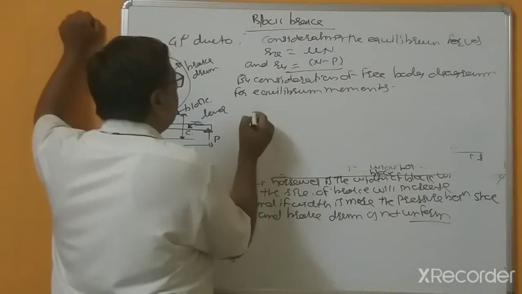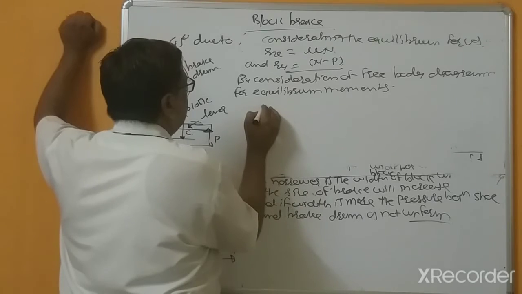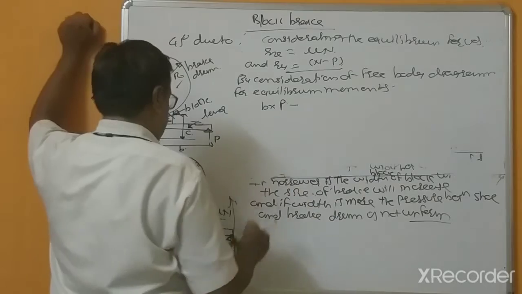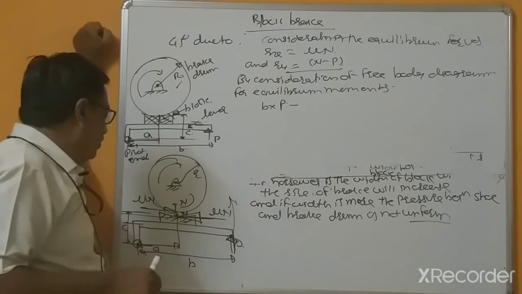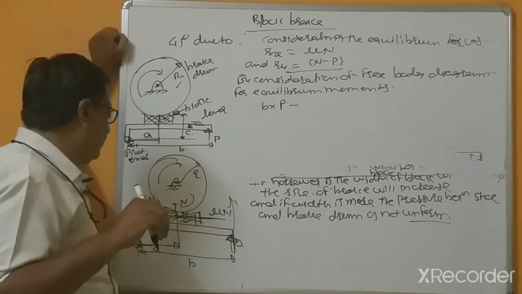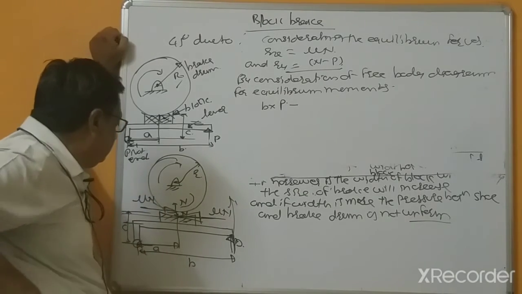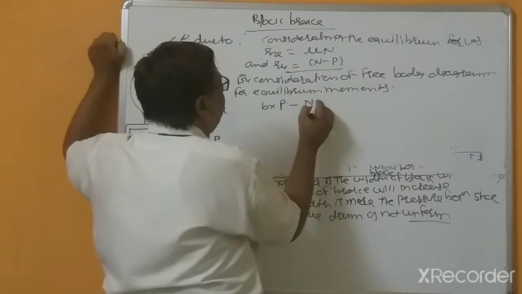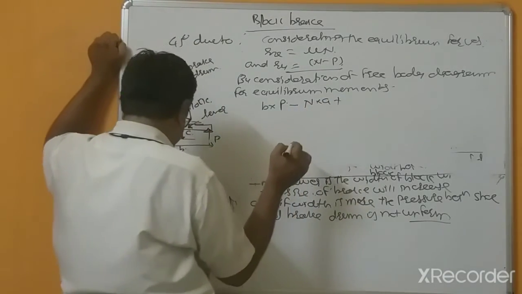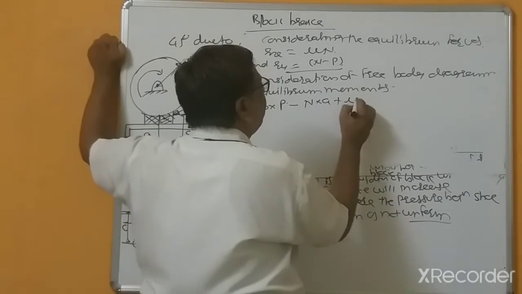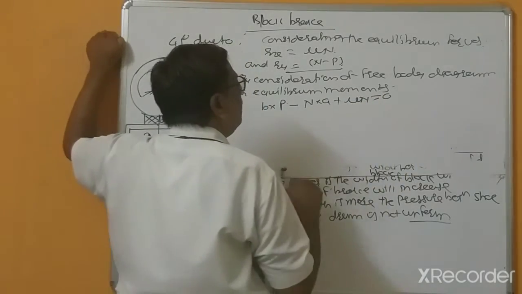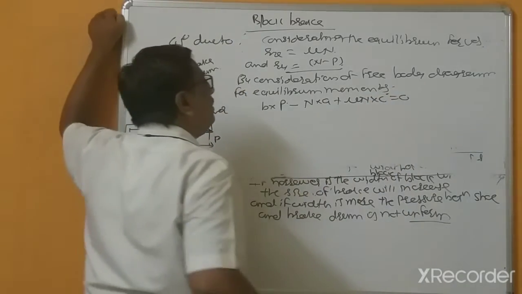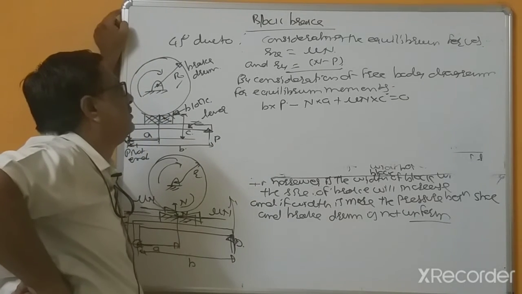So that's why B into P minus, this is anti-clockwise, and this N into A plus mu N into C equal to 0.